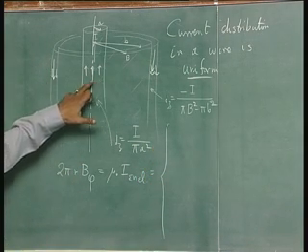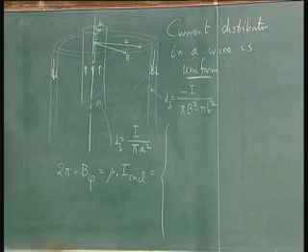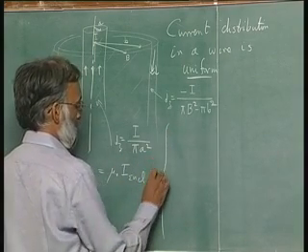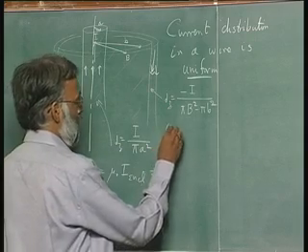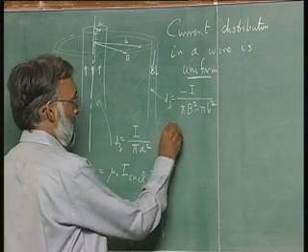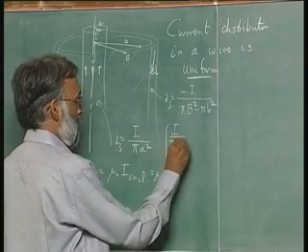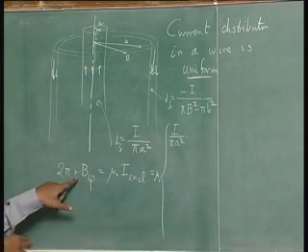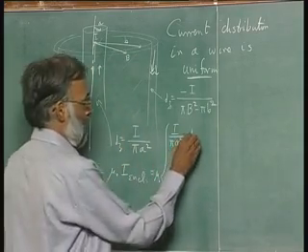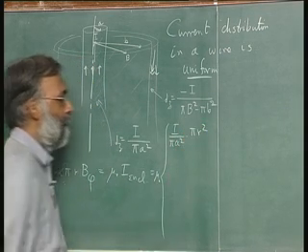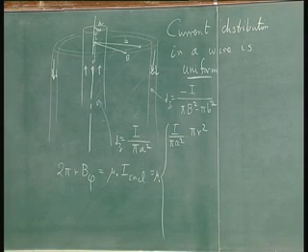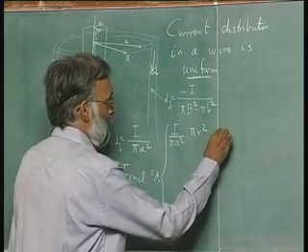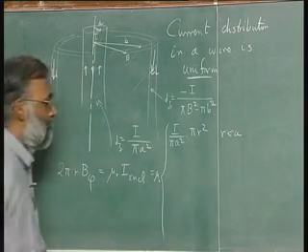For r less than a, the current enclosed is mu naught times this J, I over pi a squared, times the area enclosed by r, which is pi r squared. This is for r less than a.